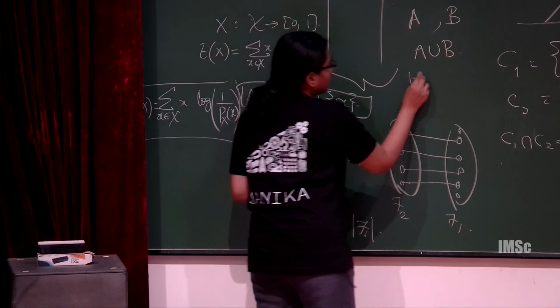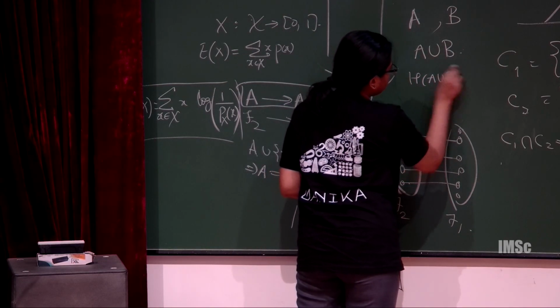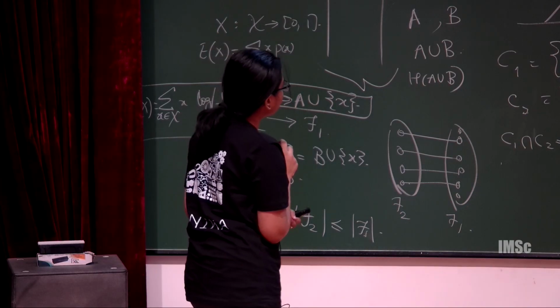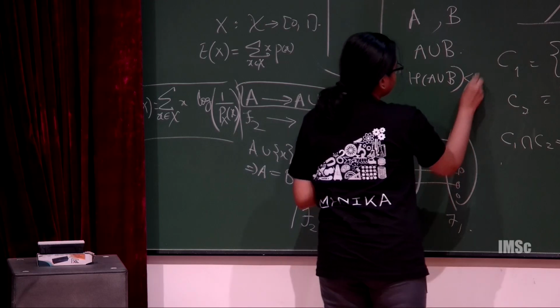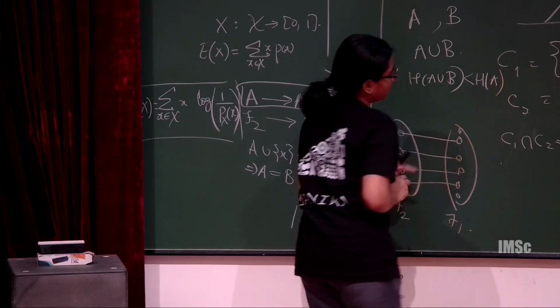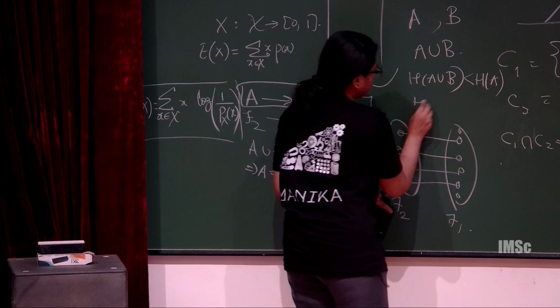Meaning, I expect A union B to give me less information than A or B.